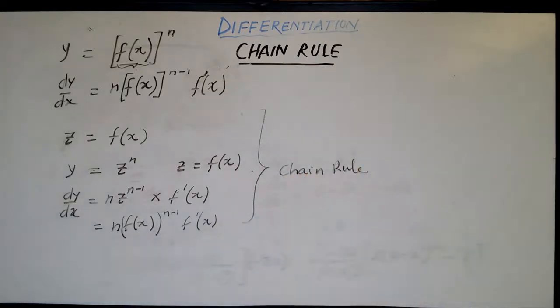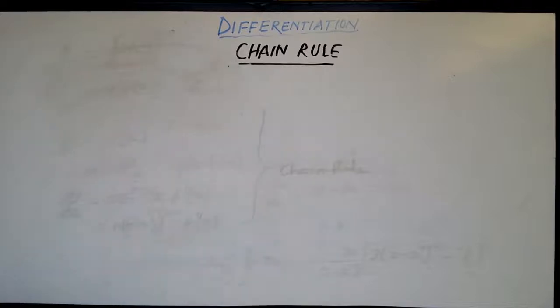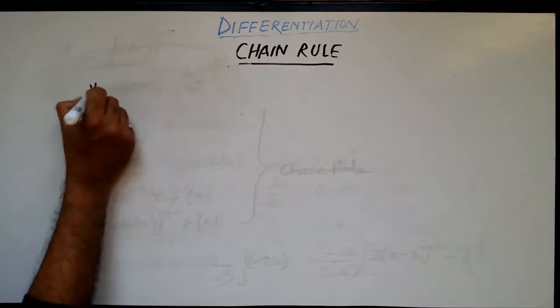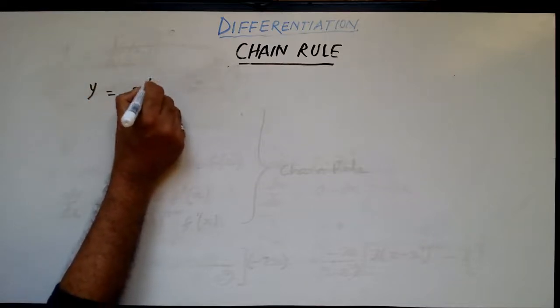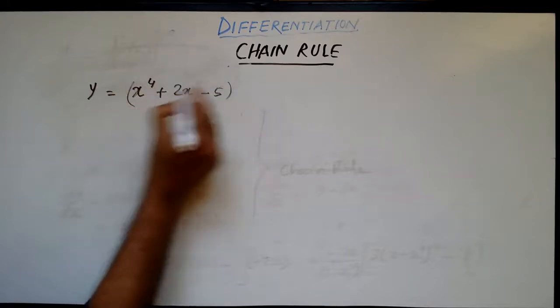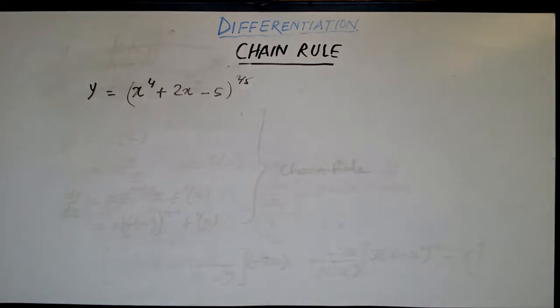Okay, so let's take some problems involving this one. So let's say y is equal to x to the power 4 plus 2x minus 5, all to the power 2 by 5. Okay, let's see how to do this.